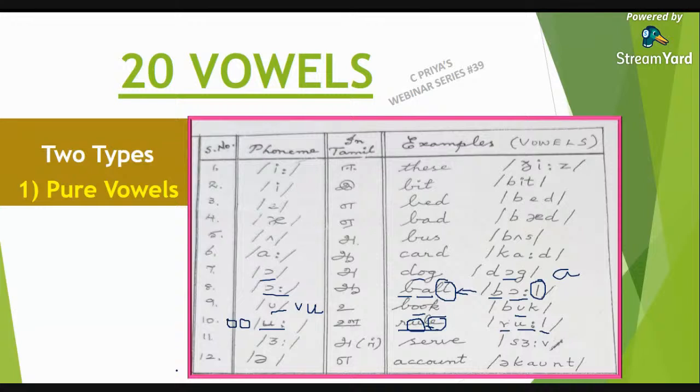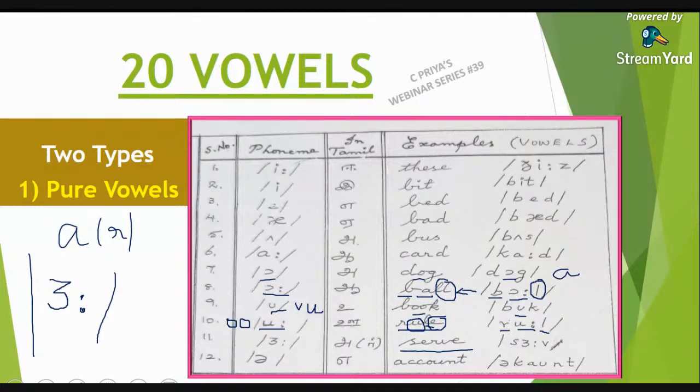Then the 11th symbol is like this, a colon and another colon. It produces R sound. I told you it produces R. A and R is silent. R is silent. See here, we don't read this as survey.